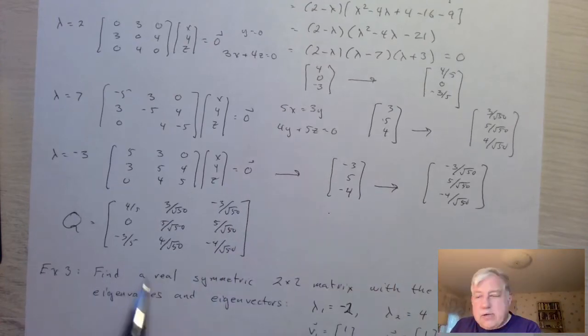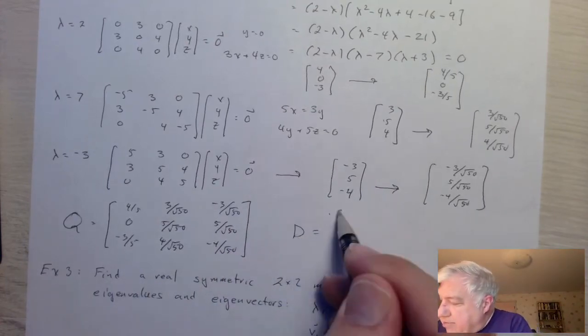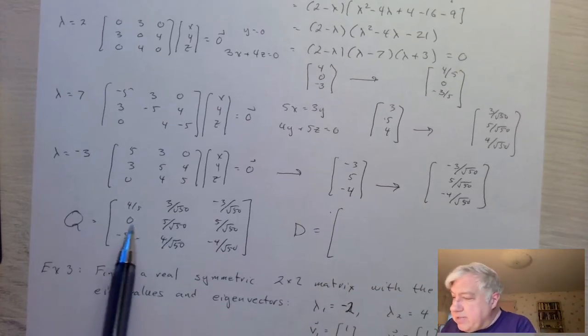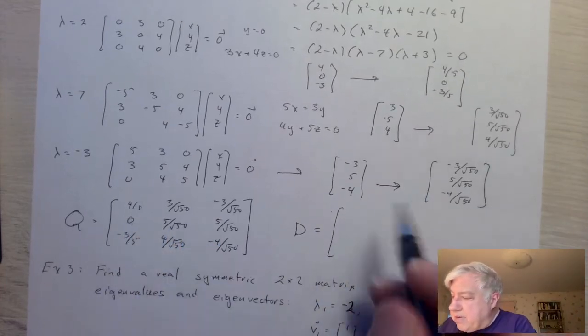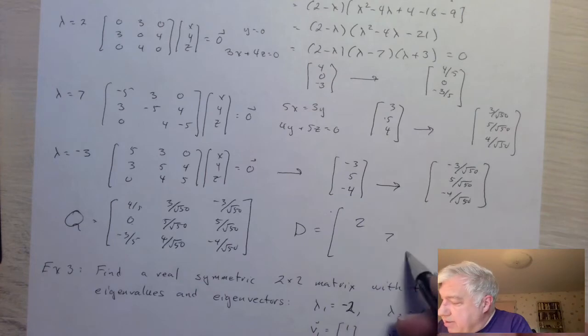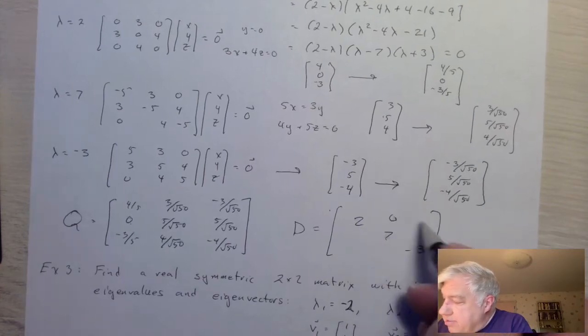That's our orthogonal matrix, and then our diagonal matrix is just going to be the eigenvalues that correspond to these columns. So it would be 2, 7, -3, and zeros everywhere else.